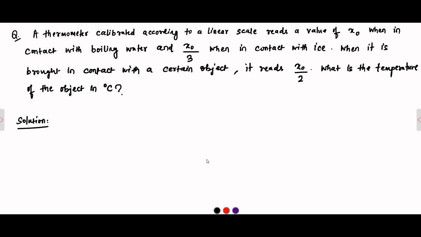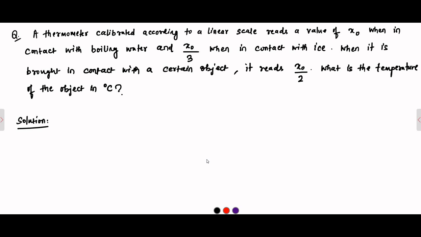It reads a value of x0 when it is brought in contact with boiling water, and it reads x0 by 3 when it is brought in contact with ice. Now when it is brought in contact with a certain unknown object, it reads x0 by 2. What is the temperature of that unknown object in degree Celsius?